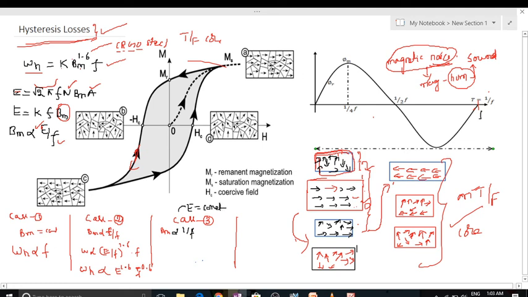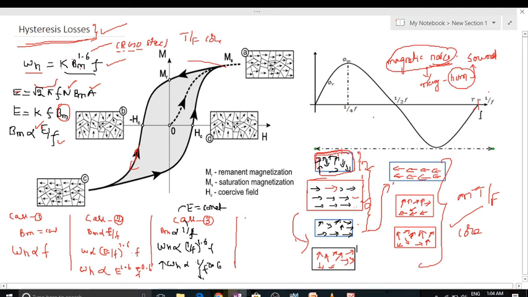If I substitute B max equal to 1 by F in the hysteresis equation, it becomes 1 by F to the power 1.6 into F. So hysteresis losses become 1 by F to the power 0.6. If frequency is variable and E is constant, then hysteresis losses are inversely proportional to frequency. If the frequency decreases, hysteresis losses increase.